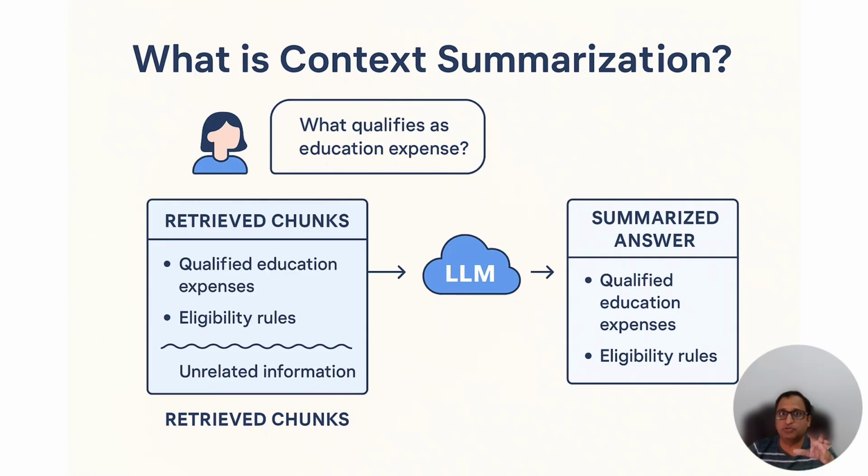For example, if you retrieve a huge chunk of document related to some IRS documents, we might see a long explanation, multiple examples, disclaimers, and repetitive rules. That's a lot for the LLM to process, and much of it is just verbose text that doesn't add new meaning. So with summarization, we pass those long chunks through a process that condenses them into a clean, structured summary.